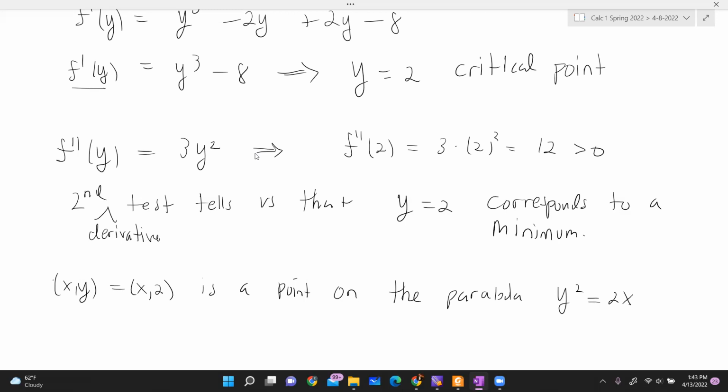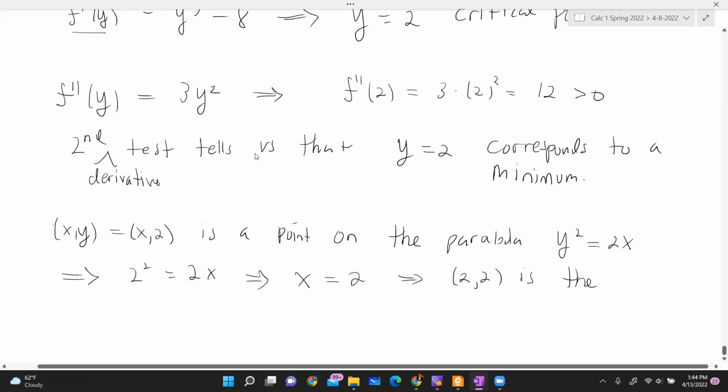So now I can just plug in 2 for y and find out what x is. We get 2 squared is equal to 2x. You cancel that out, and that gives you x is equal to 2. So 2, 2 is the closest point, and this is a point on the parabola.